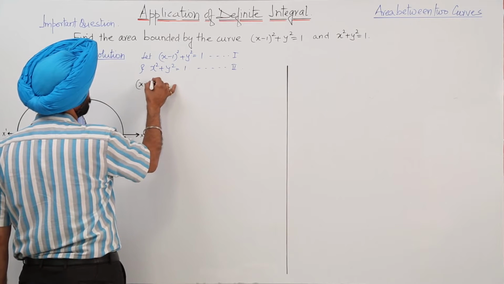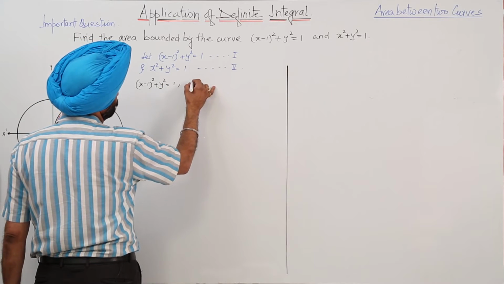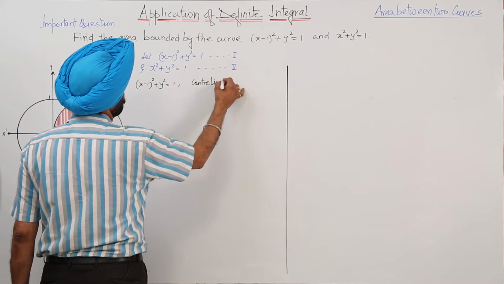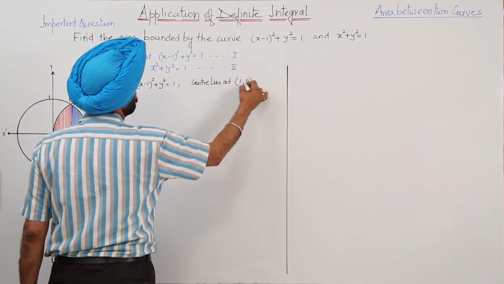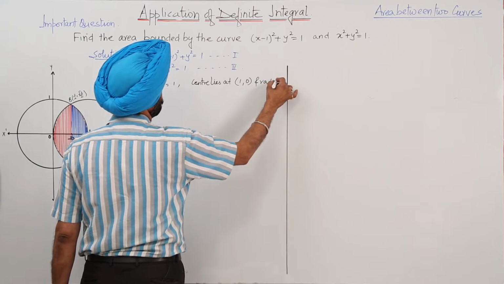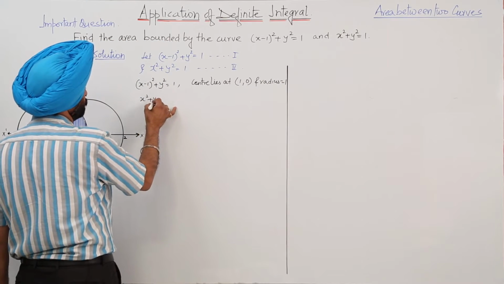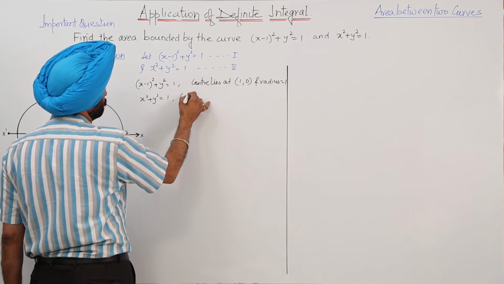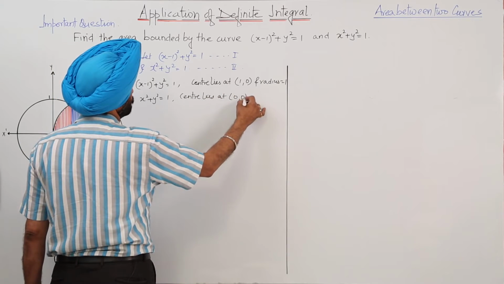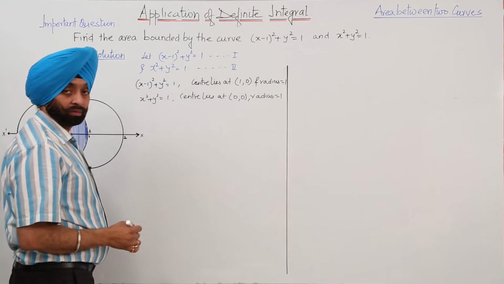Now (x − 1)² + y² = 1: its center lies at (1, 0) and radius is equal to 1. x² + y² = 1: its center lies at (0, 0), the origin, and radius is equal to 1.